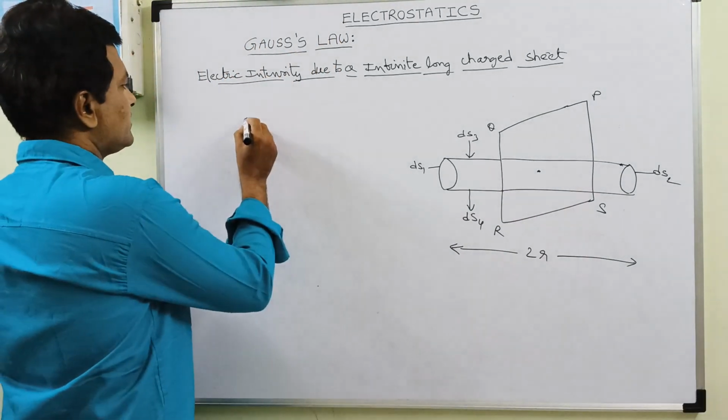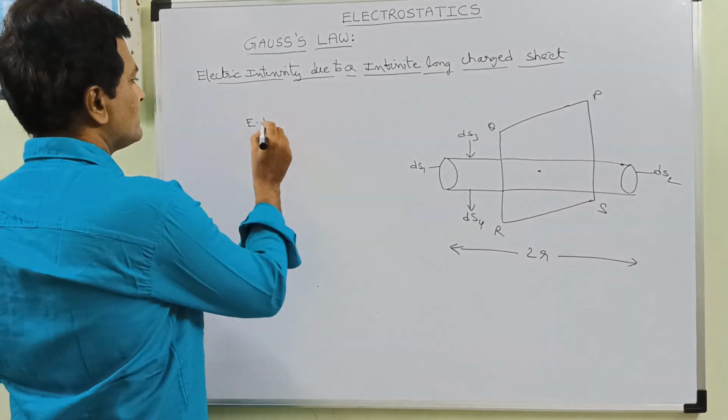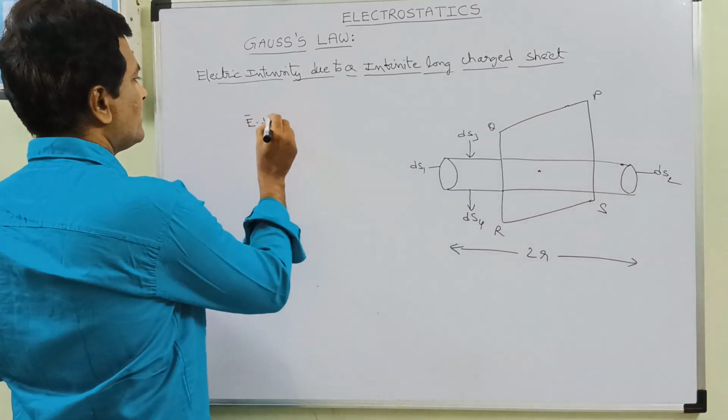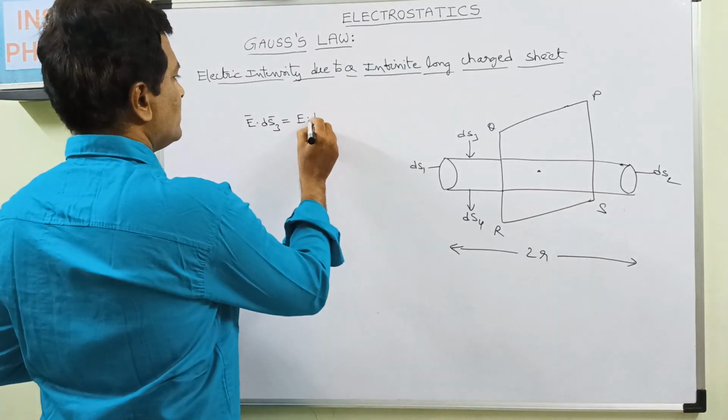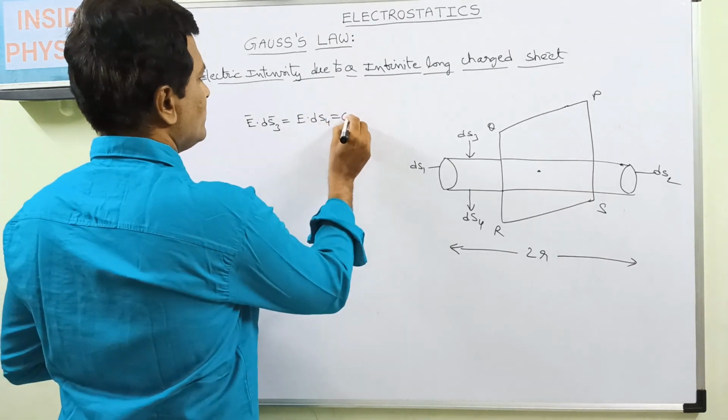So in this way we can say the flux through these is equal to 0.